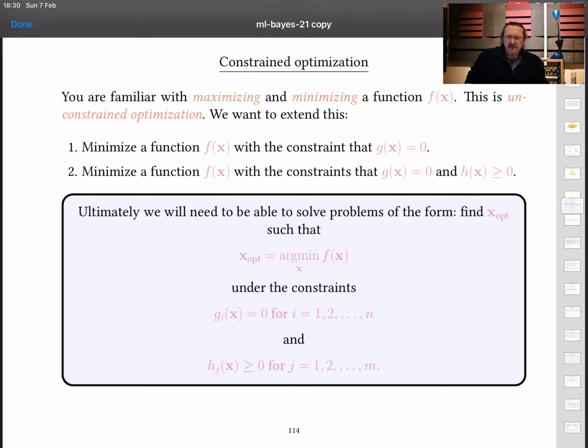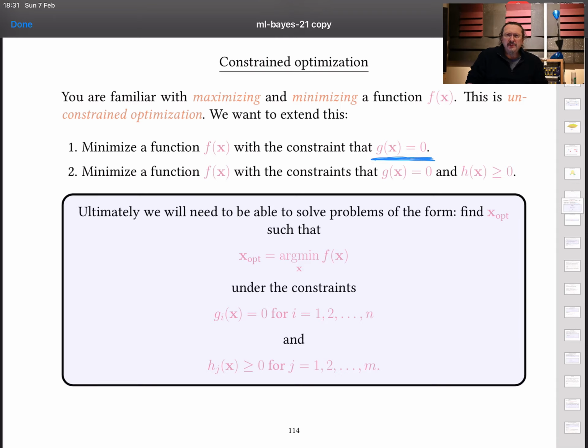It doesn't matter: minimizing f of x is maximizing minus f of x. It's a trivial difference, so let's just talk about minimizing. I'm hoping you'll have seen something about how to do that with a constraint, typically that some function of x is naught. I'll illustrate what exactly this looks like in a moment.